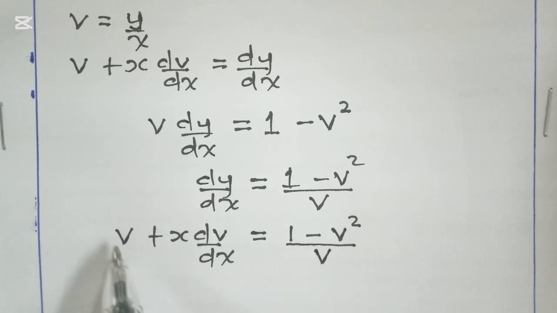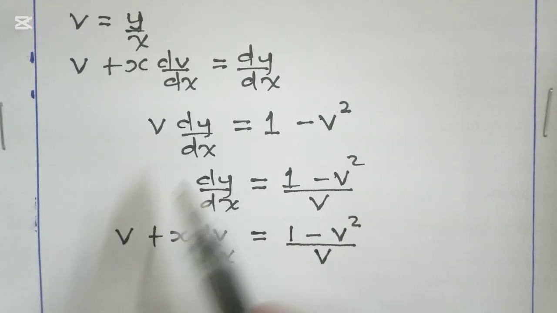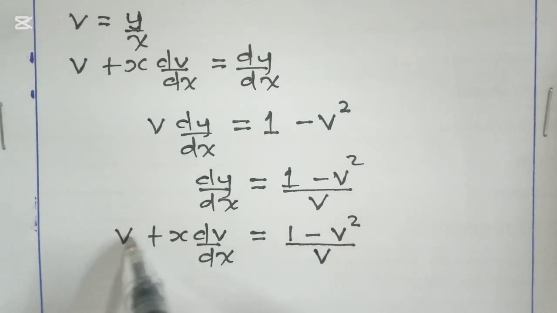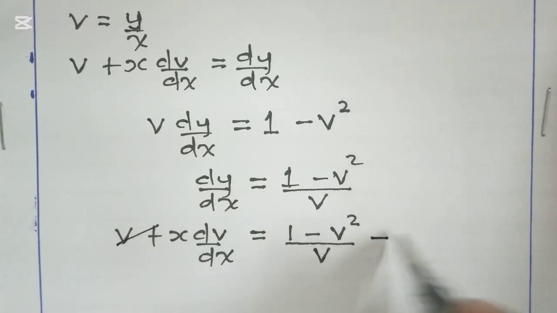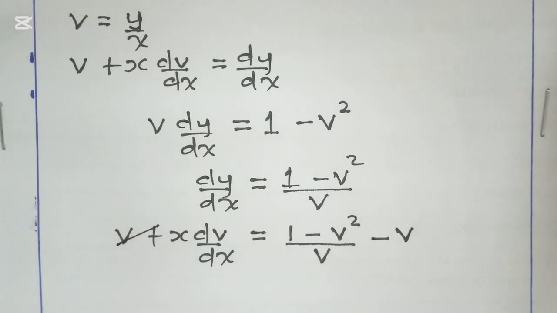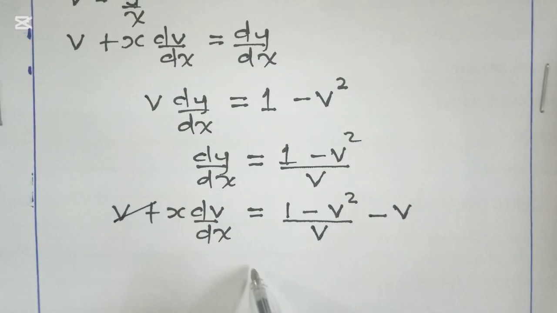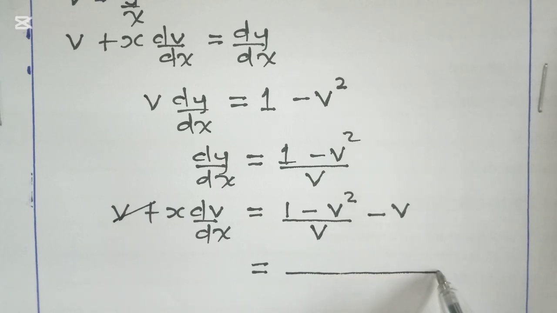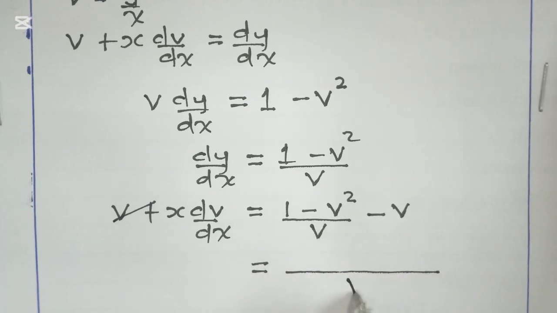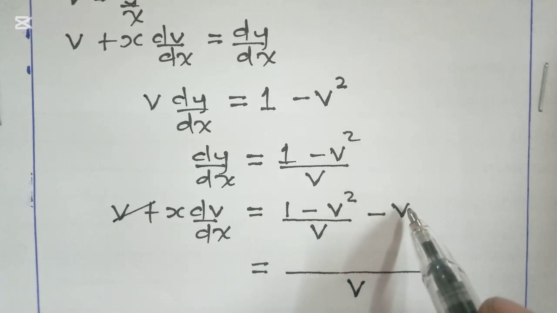I can bring this v to this other side, so that the other side is going to be minus v. And from there I can put them under the same denominator, which is v. For them to be at the same denominator, I'll have to multiply this by v.